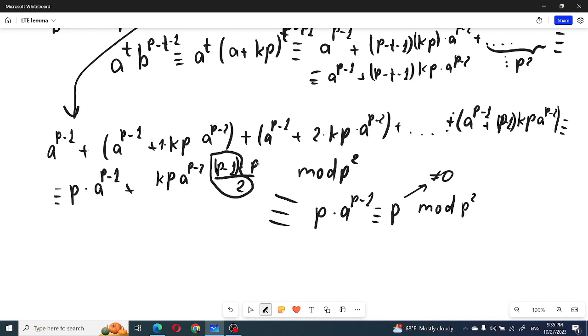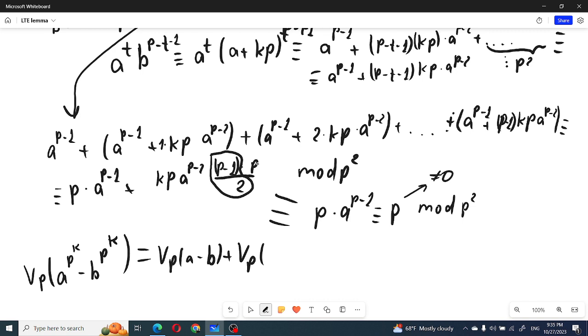And if we know that a to the p minus b to the p adds 1 power of p which divides this number, we can assume that a to the p to the k will add k powers of p. So we can assume that vp of a to the p to the k minus b to the p to the k equals vp of a minus b plus k vp of p to the k.